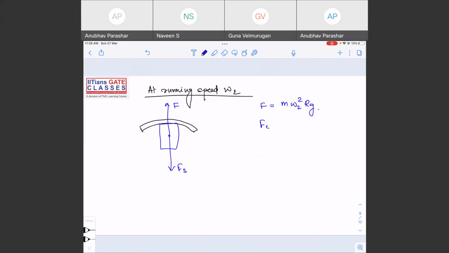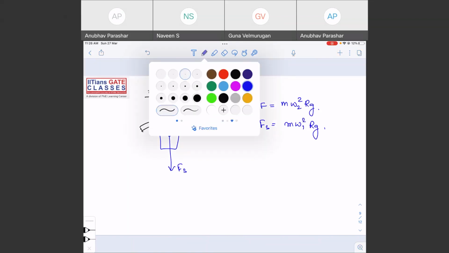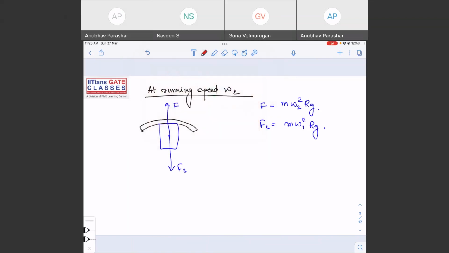What is the spring force? The spring force is equal to m Rg omega 1 square, because it has remained constant after engagement, right? Because the centrifugal force is more than the spring force, a normal reaction will develop in the direction of the spring force: m Rg times omega 2 square minus omega 1 square.